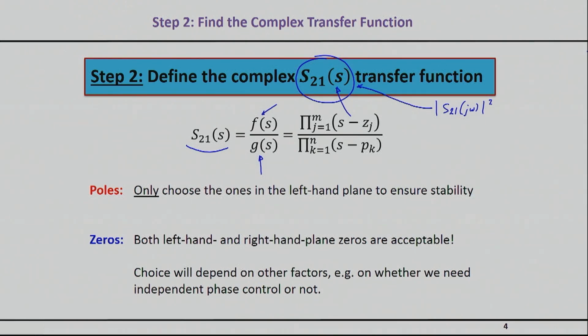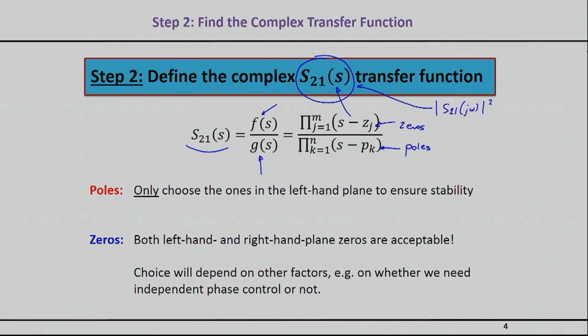The roots of the polynomial in the numerator are the ones responsible for making S21 equal to 0, and they're called zeros. And the roots in the denominator are the ones making S21 infinity, and they're called poles.